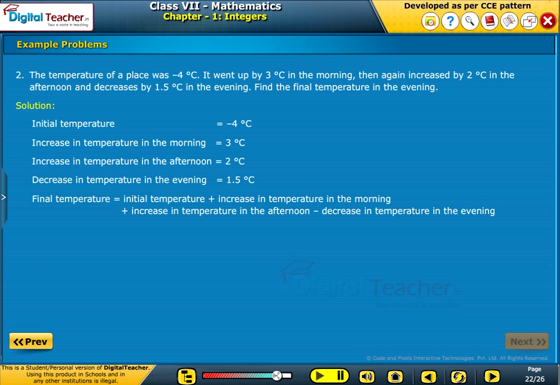Final temperature is equal to initial temperature plus increase in temperature in the morning plus increase in temperature in the afternoon minus decrease in temperature in the evening. Final temperature is equal to minus 4 plus 3 plus 2 minus 1.5, which is equal to 5 minus 5.5, further equal to minus 0.5 degrees centigrade.